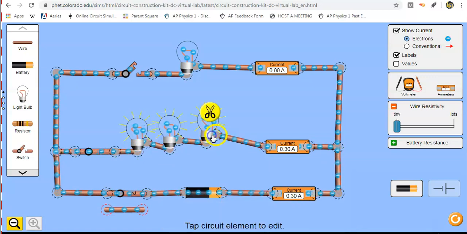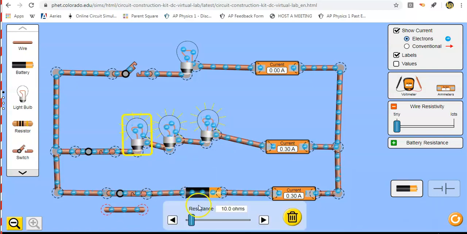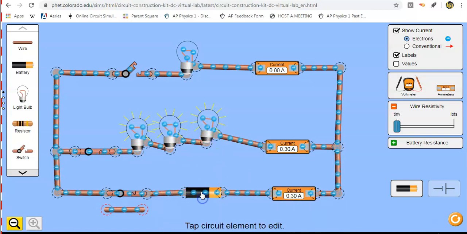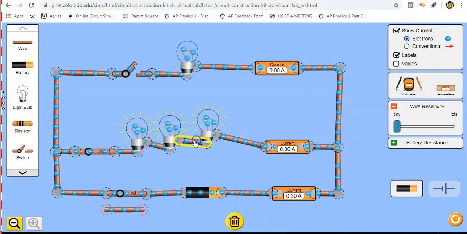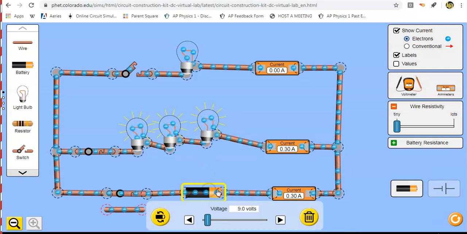They're each 10 ohms. When I have 3 bulbs, these resistances, when they're in series, they just add up. It's just 10 ohms plus 10 ohms plus 10 ohms makes 30 ohms. And this is a 9-volt battery. If you take 9 volts, that's V divided by R, which was 30. 9 divided by 30 gives us our 0.3 amps, because 9 divided by 30 is the same as 3 divided by 10.